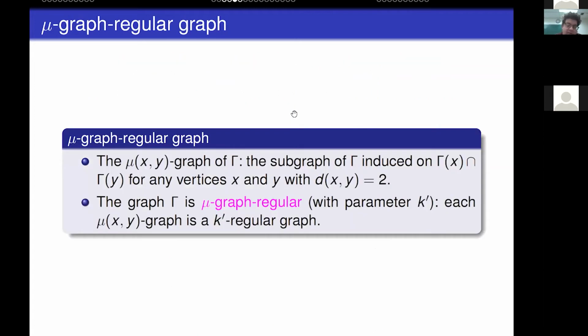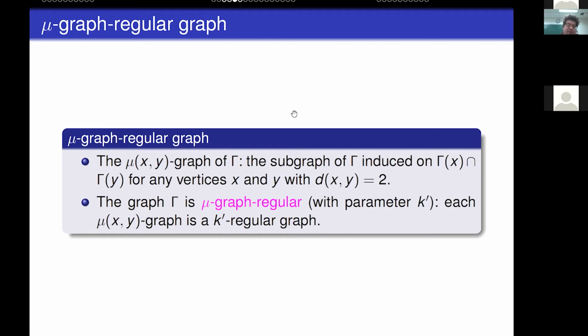We will need another term. The mu graph, the mu x y graph of a graph gamma, is the subgraph induced on the set gamma(x) intersecting gamma(y), for two vertices x and y at distance 2.